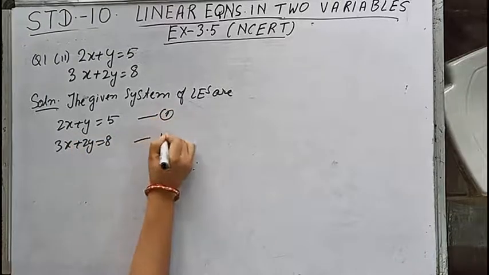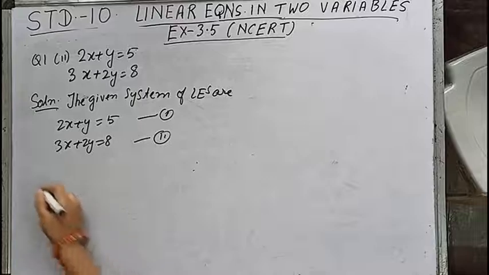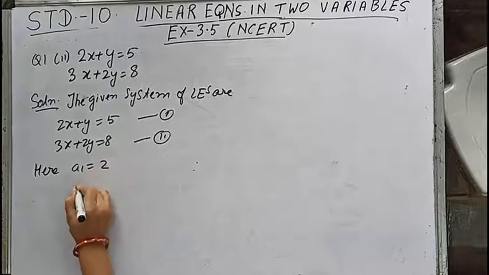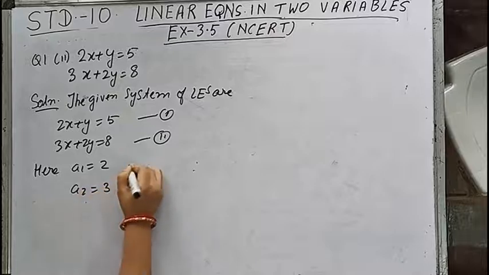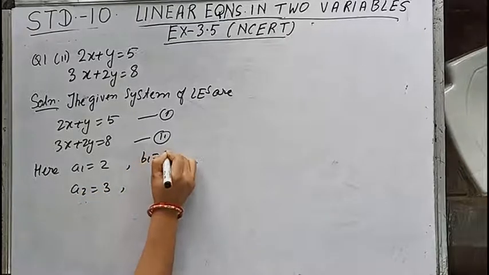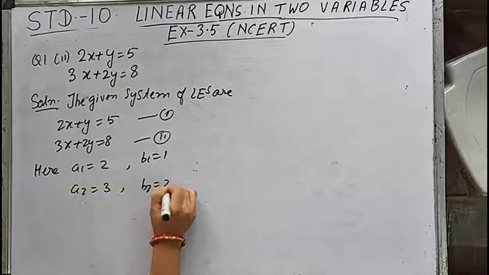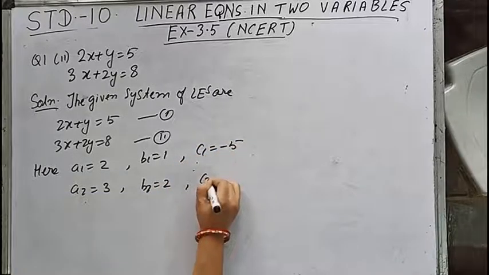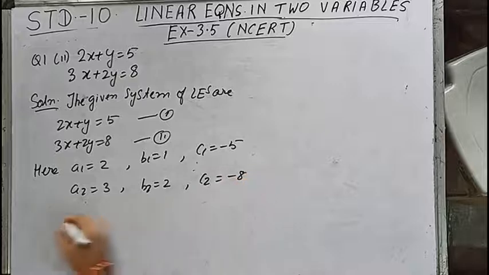Make it equation number 1, make it equation number 2. Here a1 equals to 2, a2 equals to 3, b1 equals to 1, b2 equals to 2, and c1 equals to minus 5 and c2 equals to minus 8.